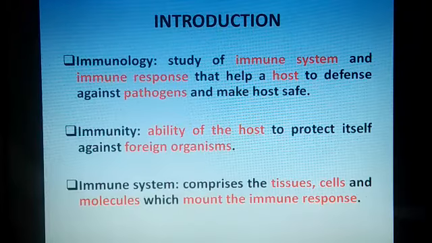Second term is host. Host is a living organism, an animal or a plant, on or in which a parasite lives. Third term is pathogen. Pathogen is a specific causative agent or a foreign organism, or you can say a foreign particle that causes a particular disease in our body.